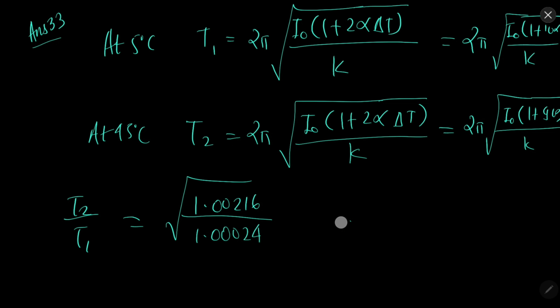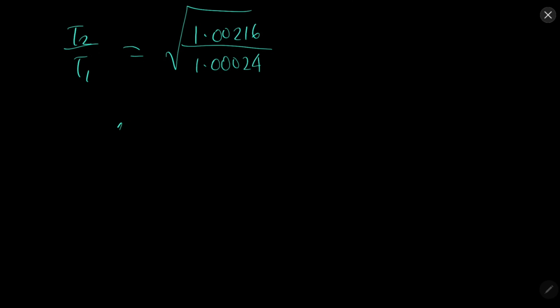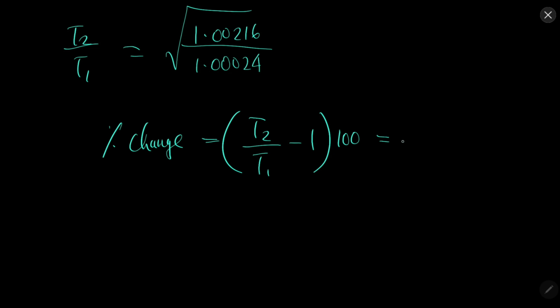Percentage change will be T2 by T1 minus 1 into 100, which is 0.0959%, or 9.6 into 10 to the power minus 2 %.